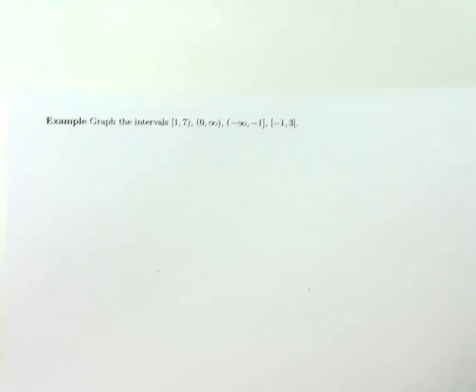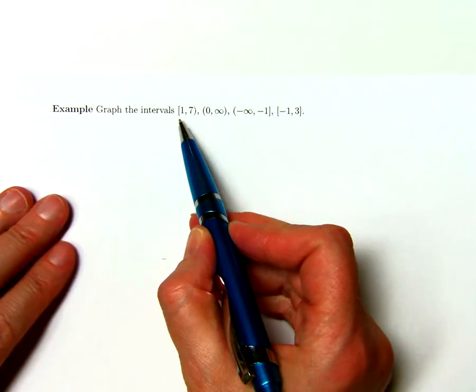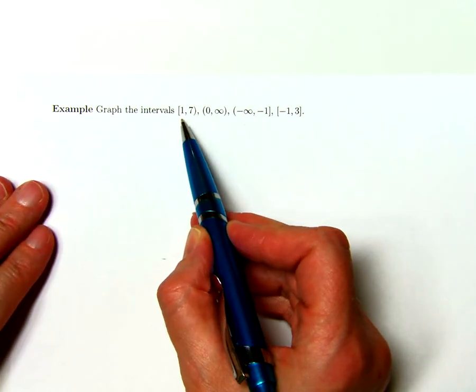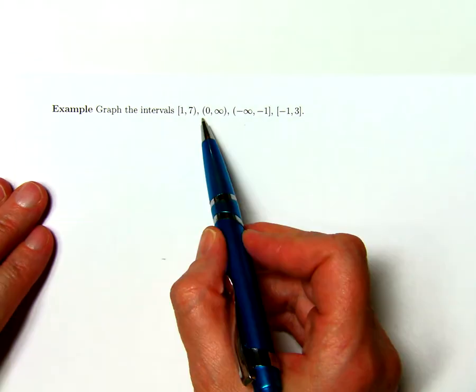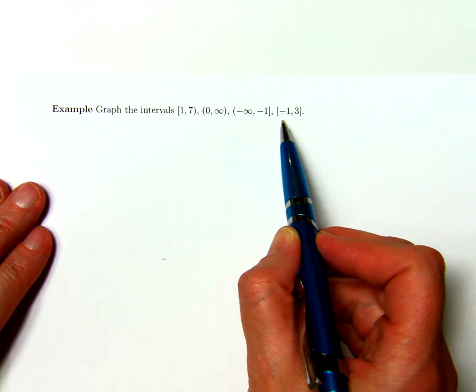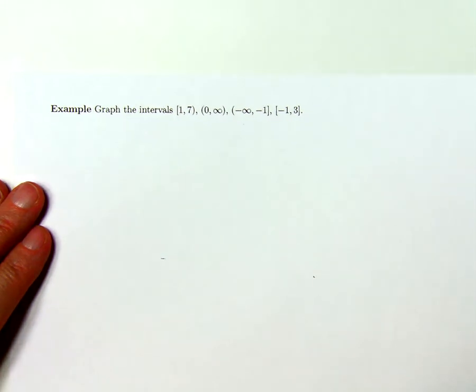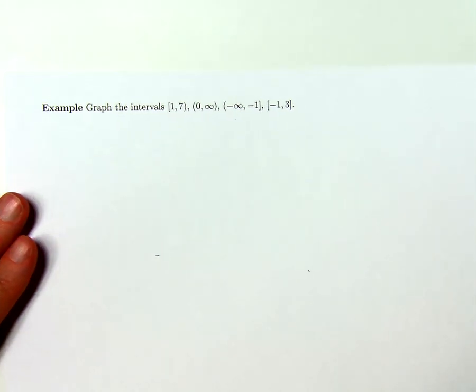Here are some problems to work on yourself. Graph the intervals from 1 to 7, including 1, not including 7. This one 0 to infinity, this one minus infinity to minus 1, and minus 1 to 3. And you can check the answers on the next video.